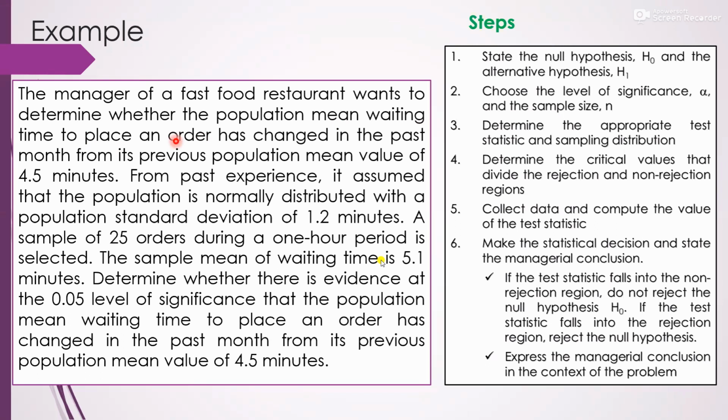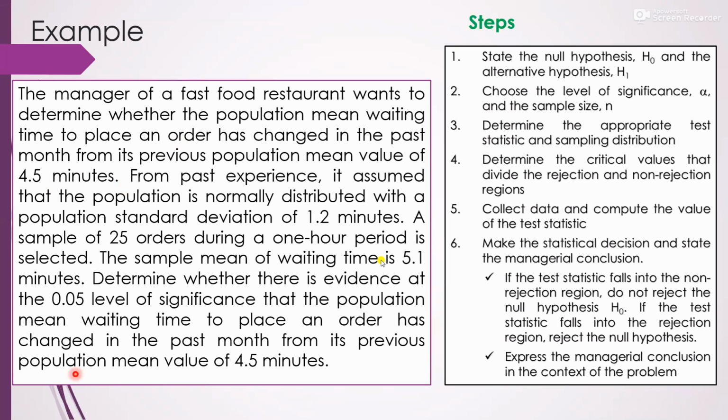Then H0. After deciding this, we can decide H0. H0 always involves the equal sign. The current situation: what is the mean waiting time to order? 4.5. So mu is equal to 4.5. Then, what is the alternative?